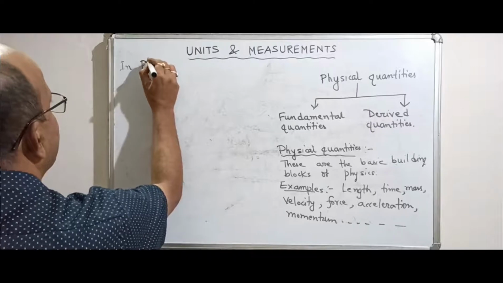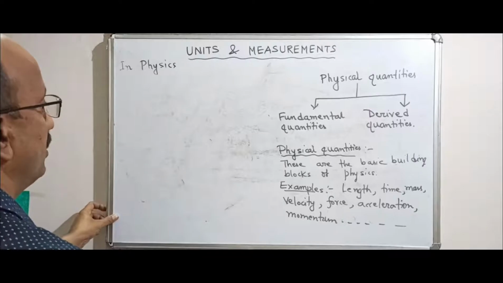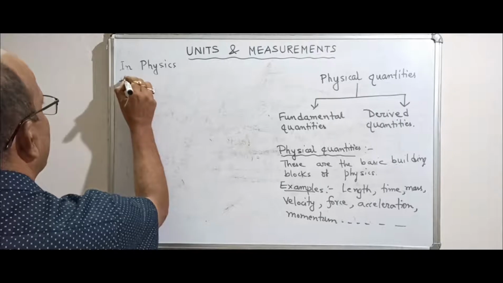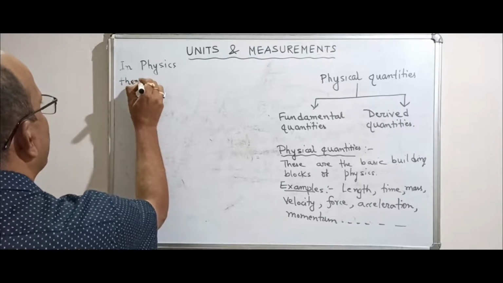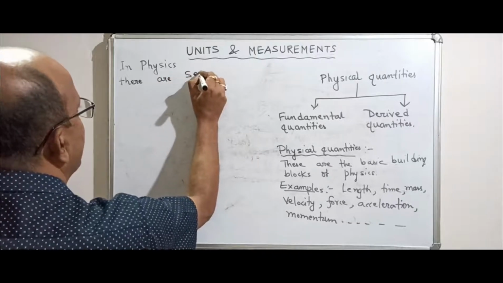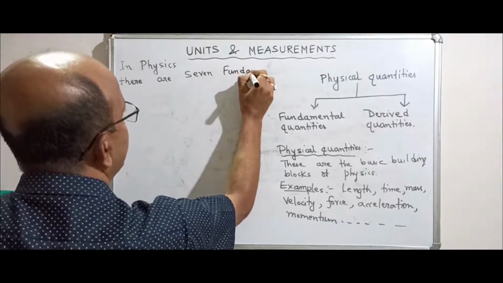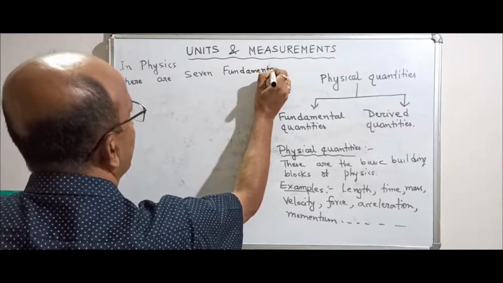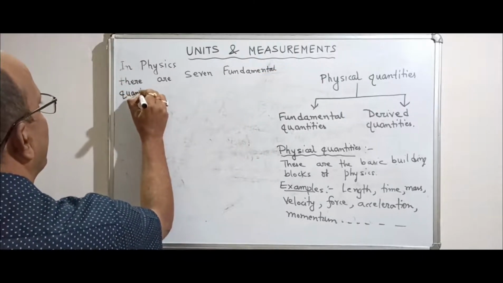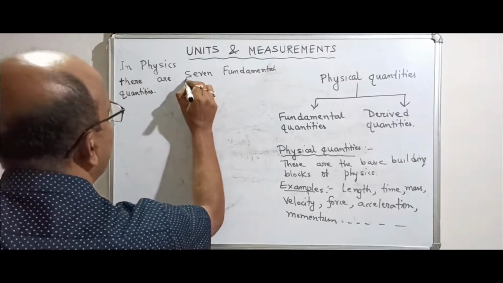In physics, there are 7 fundamental quantities. Remember, there are 7 fundamental quantities.